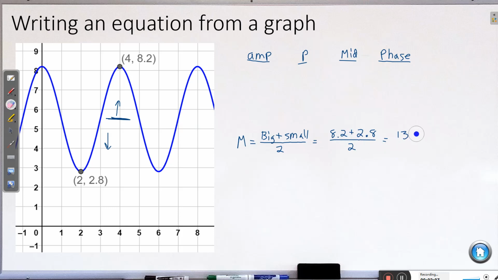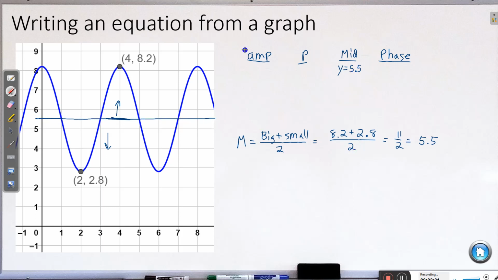You can always just do that on your calculator. 11 divided by 2, and so our middle is 5.5. So our midline is the horizontal line y equals 5.5. And hopefully that definitely checks out here. This looks like 5.5 right here. So there is our midline.